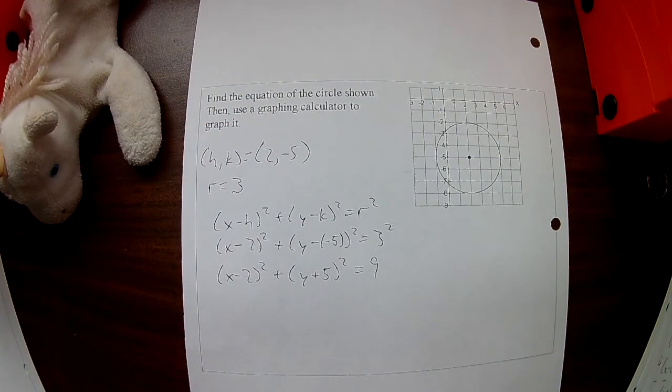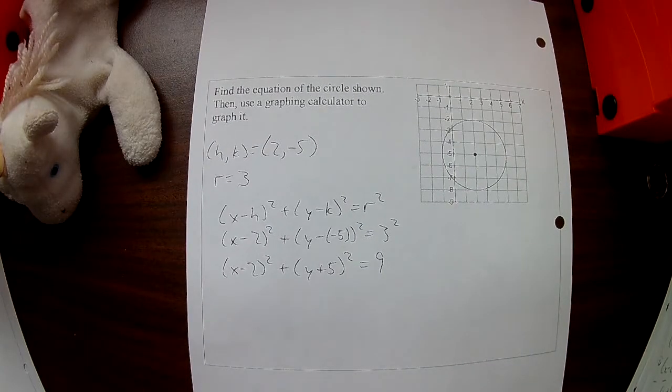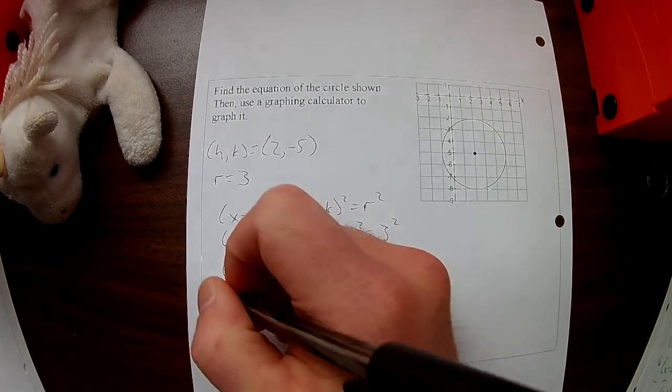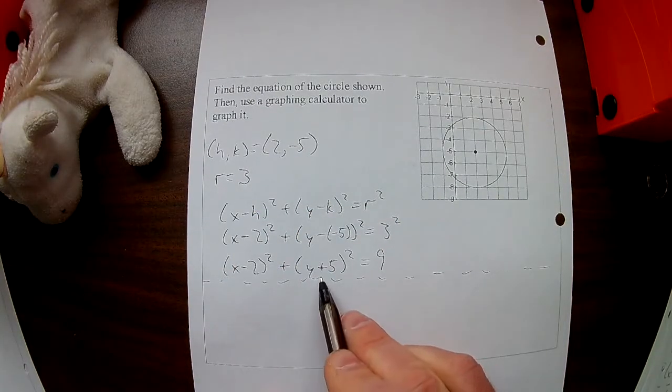Now, it does say use a graphing calculator to graph it. What you should notice here is this is not in the y equals format. There is a nice trick if you have a TI-84 to graph this, and I will tell you that in just 1 second, but everybody will be able to graph this by solving for y.